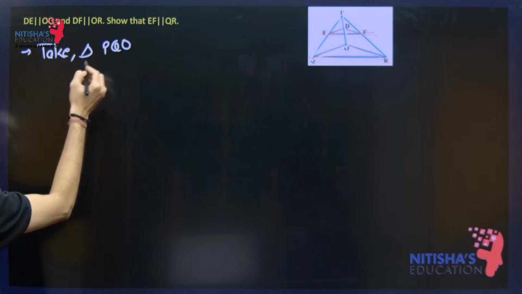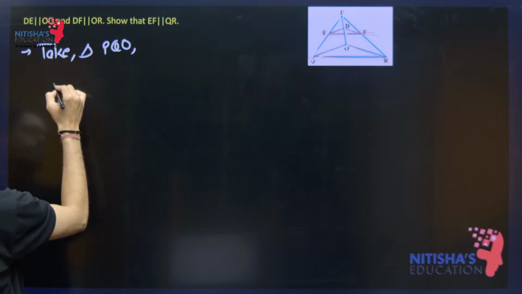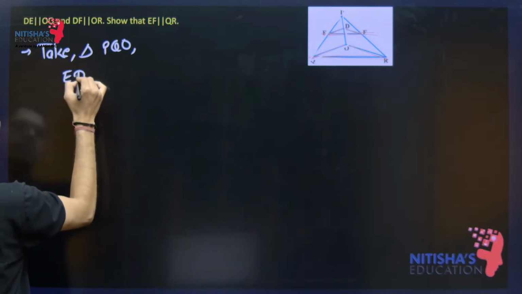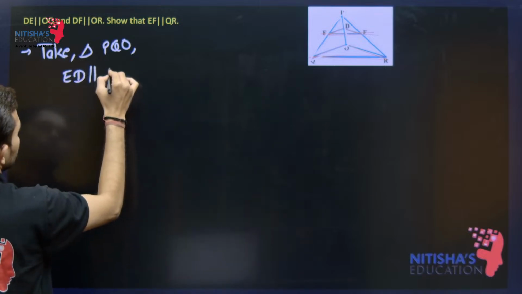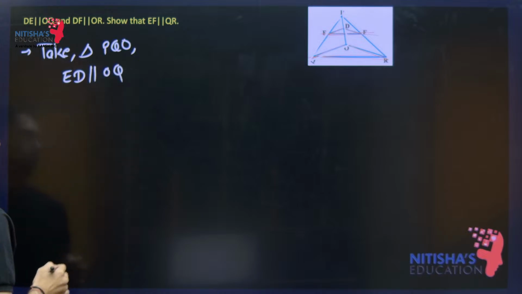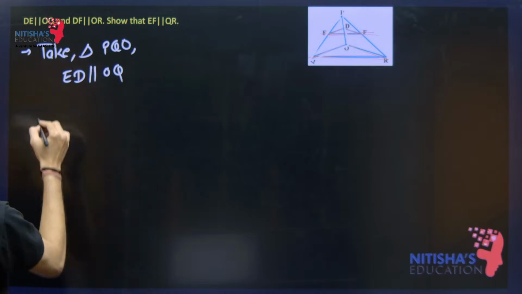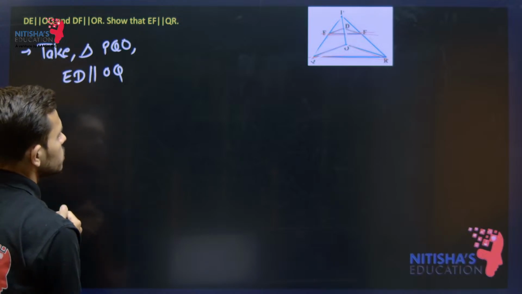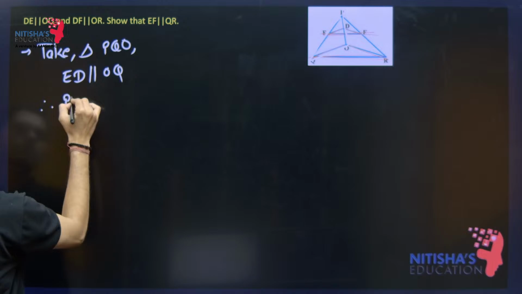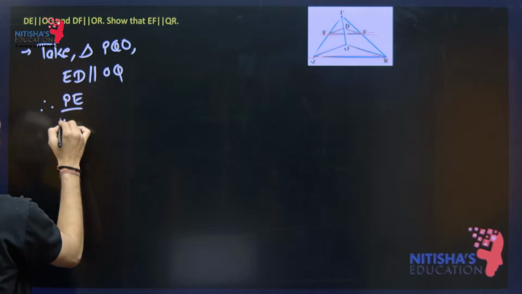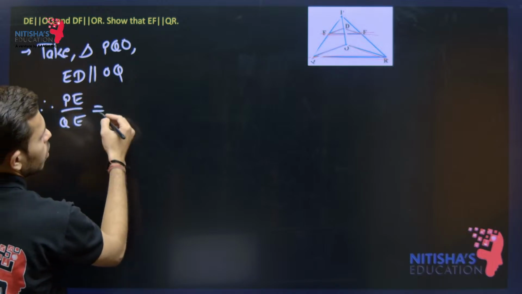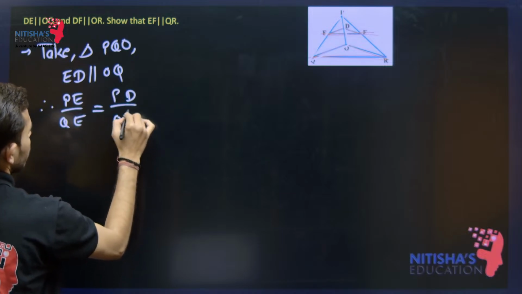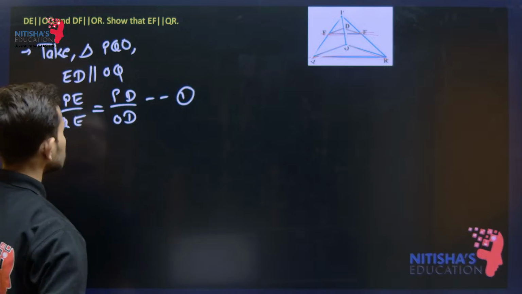In triangle PQO, ED is parallel to OQ. So we can apply Thales theorem over here. If two lines are parallel, then the ratio is equal. So PE upon QE is equal to PD upon OD, which is the first equation.